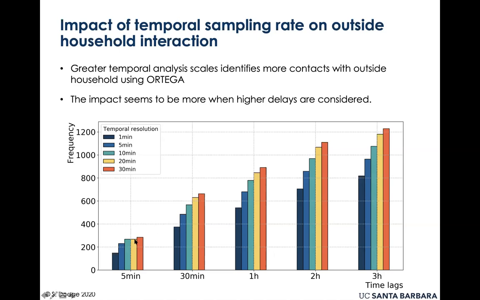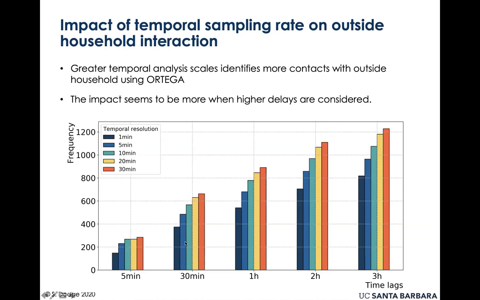The reason is that by increasing the temporal scale, the time window, the ellipses become larger, and then there is more chance to intersect with the ellipses of other individuals who are not traveling together. So if you are in a store and somebody else comes to the same store after a delay, you will be able to identify it as well.